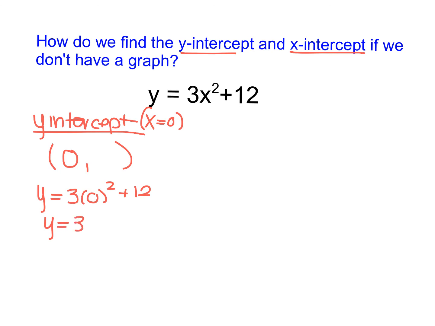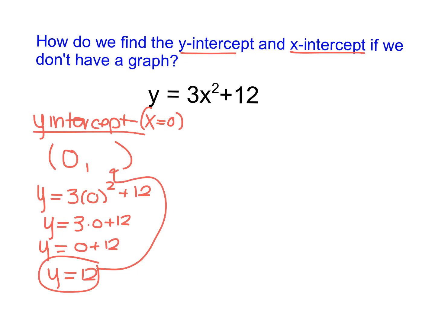So here I get 3 times 0 plus 12, 0 plus 12. So y is equal to 12. So I put it back in: the point x is 0, y is 12 is my y-intercept point.